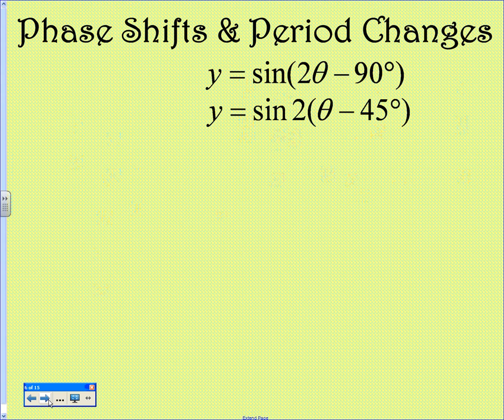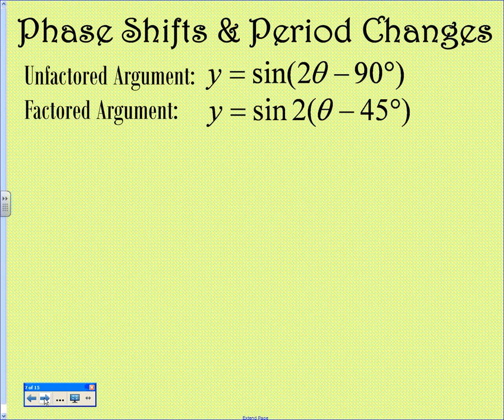Okay, looking at those 2 equations. What did we do for the bottom equation? We factor out a 2. It means the same thing, right? The top equation was unfactored, and the bottom one we actually factored out that 2. For our sinusoids, we want to write it in factored form.